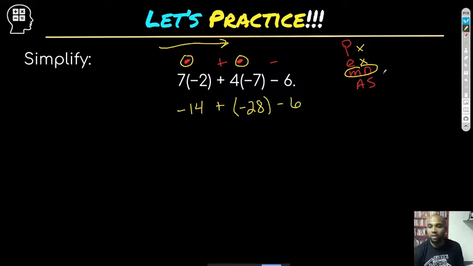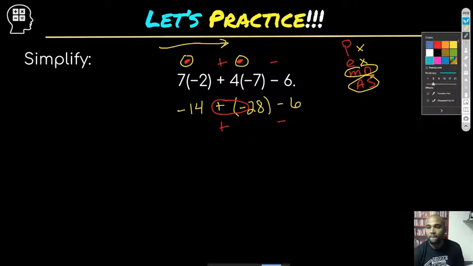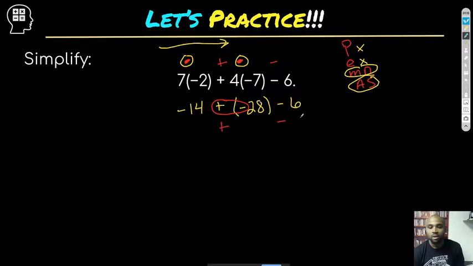Now that I only have addition and subtraction left, matter of fact, let me highlight that in case you don't see it. So I have a plus sign here, and we have a minus sign here. So this is going to become -14 plus a -28.